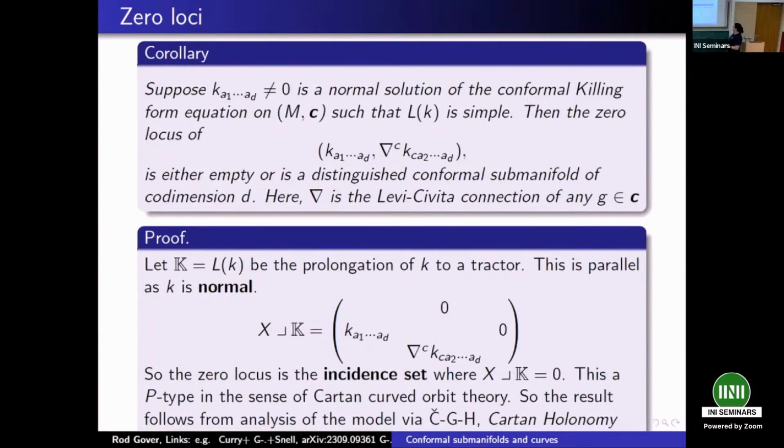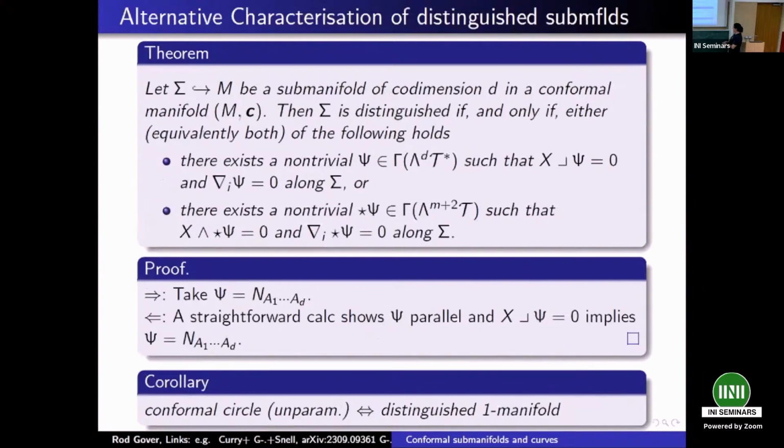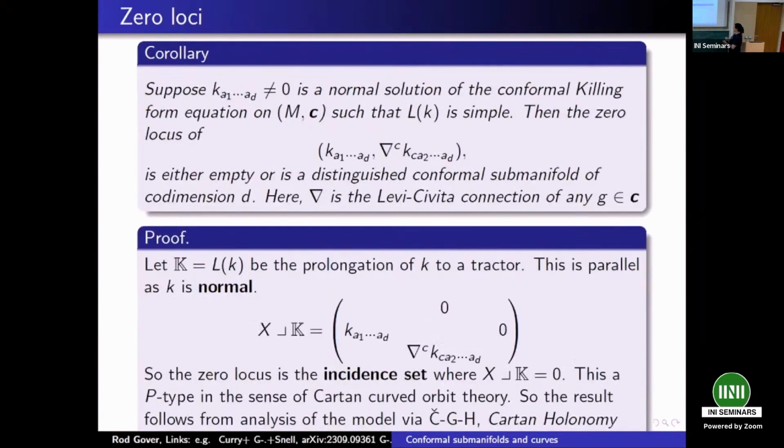Okay, there's a story about zero locus. So this is another corollary of this previous page, right? When you understand the distinguished objects this way, then you can make these sort of conclusions.